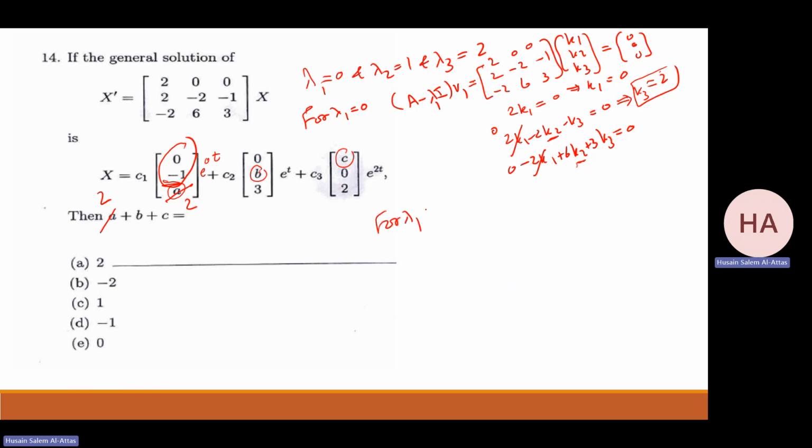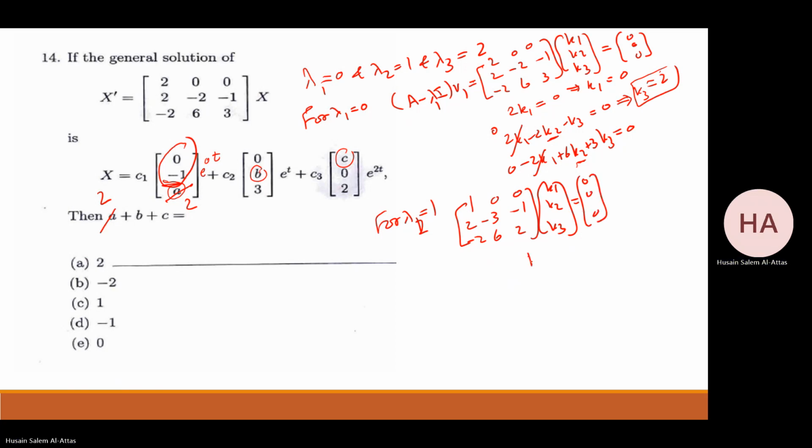For lambda 2, equal 1, what will be the equation? It will be 1, 0, 0, and you subtract 1, 2 minus 3 minus 1, minus 2, 6, 2, times K1, K2, K3, equals 0, 0, 0. So I have what? K1 equals 0. No need for K1. Minus 3K2 minus K3 equals 0, and 6K2 plus 2K3 equal 0.